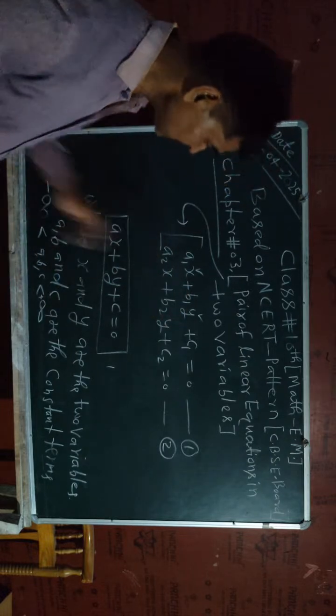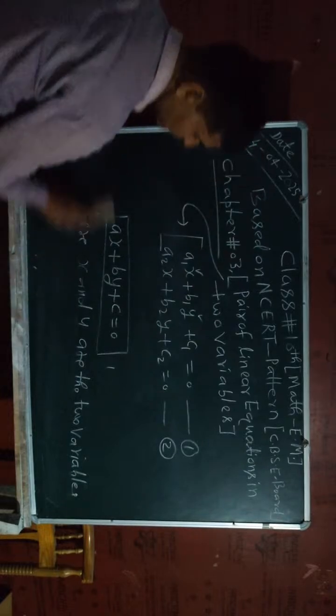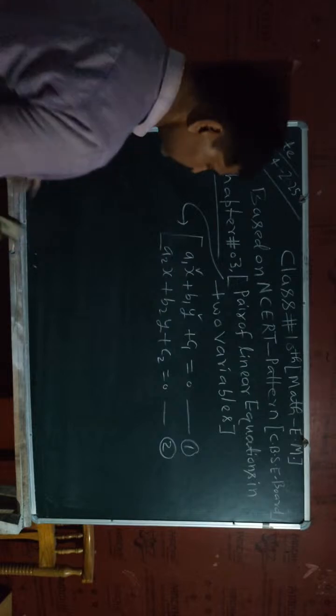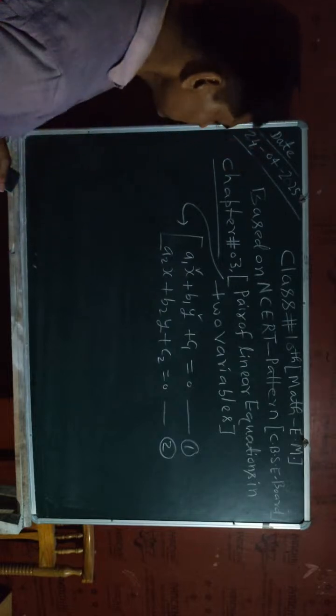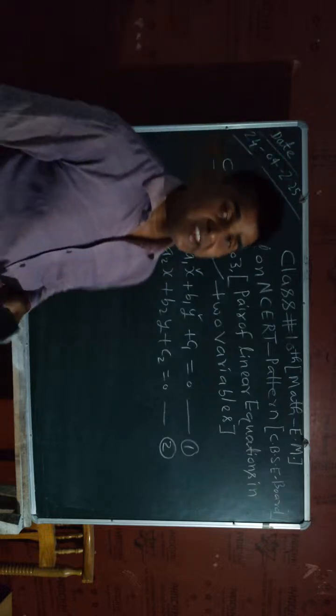Okay students, each and every concept I will explain in detail. So I am going to delete this for the calculation. Here is the instruction about the concept of a pair of linear equations in two variables. If this is a line, a line means a straight line.